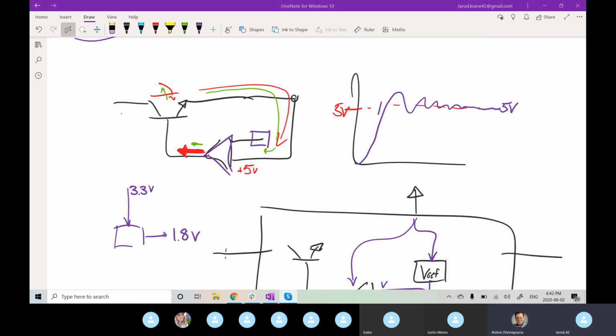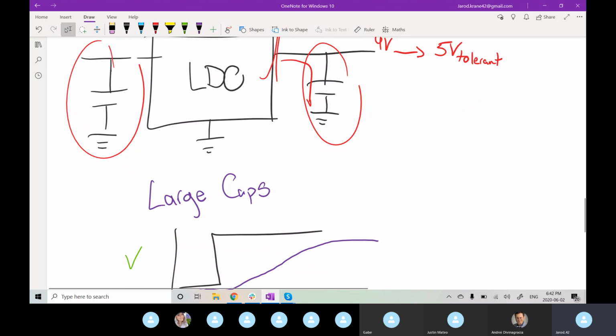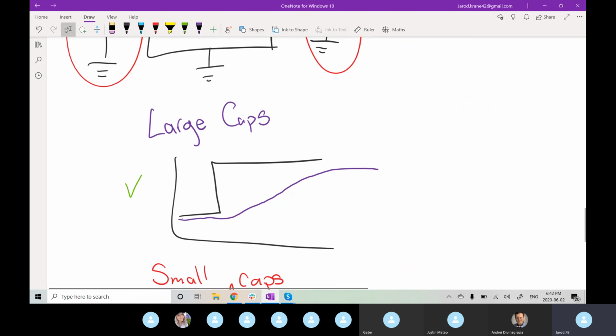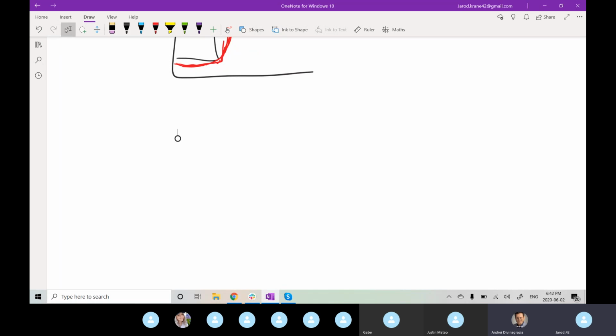Does anybody else have anything on this, since this is kind of the basics of the linear regulator? No? Okay.